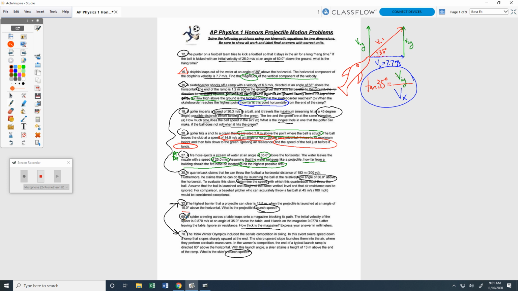And in this problem, they give you the initial velocity, so they do actually give you VI, and they give you the angle, so it's very similar to the earlier stuff. And it lands on this magazine 0.077 seconds after it left the table. So in other words, they give us the time that it actually takes to land on it, and we're trying to figure out how thick the magazine is.